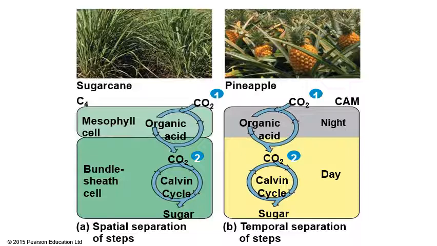Inside the bundle sheath cell, they produce sugar by the Calvin cycle. For CAM plants like the pineapple, the fixation operates at nighttime, and the fixed C4 can wait until daytime. That C4 gets broken down and releases CO2. That CO2 gets fixed into C3 and other sugars in the daytime.